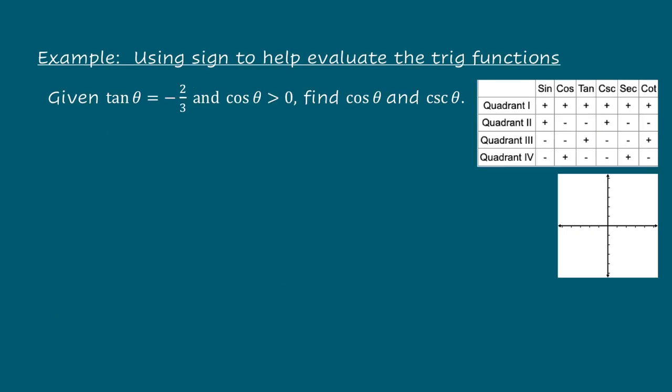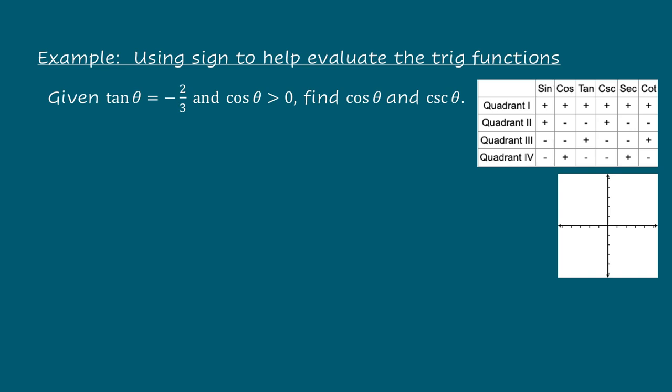All right, so let's use the signs to help us evaluate the trig functions. Let's say we're given that tan theta is equal to negative 2 over 3 and that cosine theta is greater than 0, and we want to find cosine theta and cosecant theta.